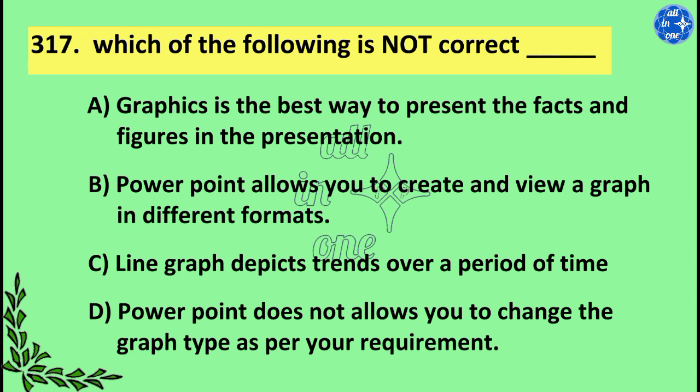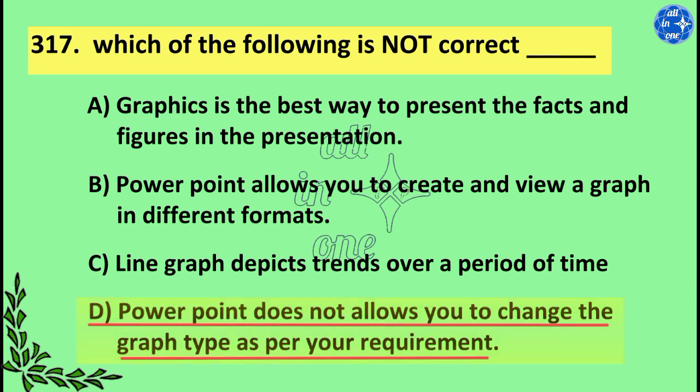Line graph depicts trends over a period of time, and PowerPoint does not always allow you to change the graph type as per your requirement. Not correct sentence is PowerPoint does not always allow you to change the graph type as per your requirement.